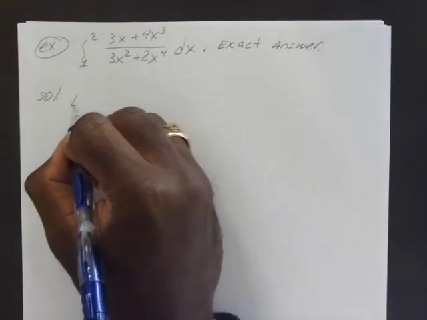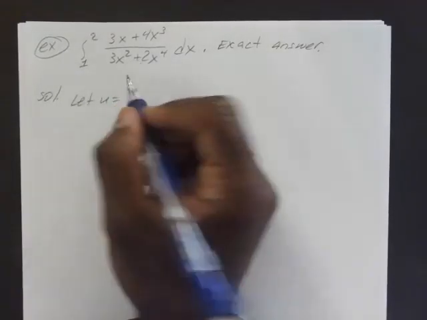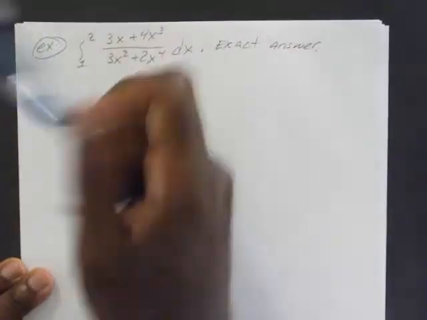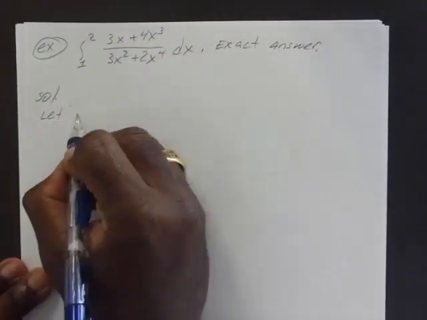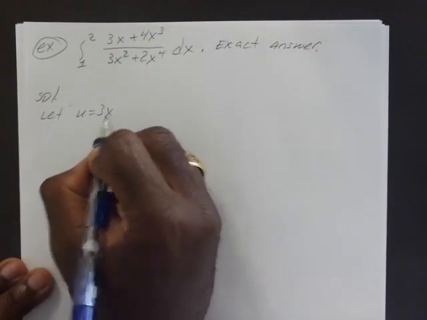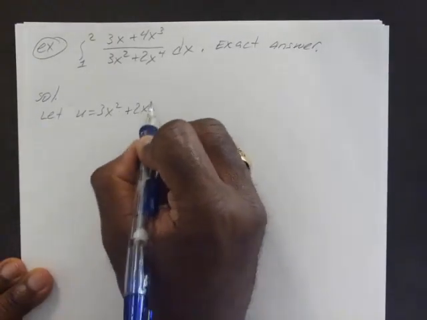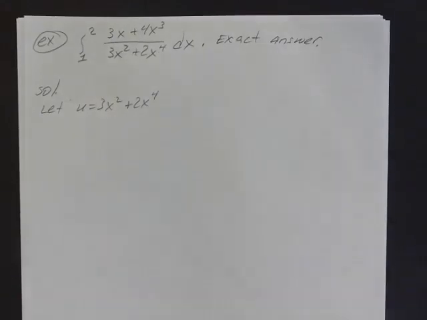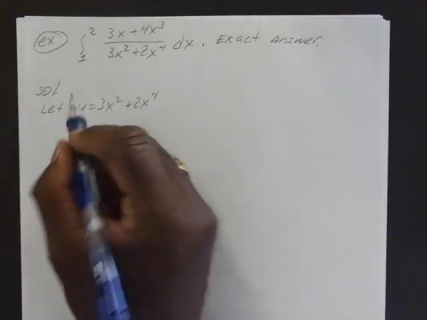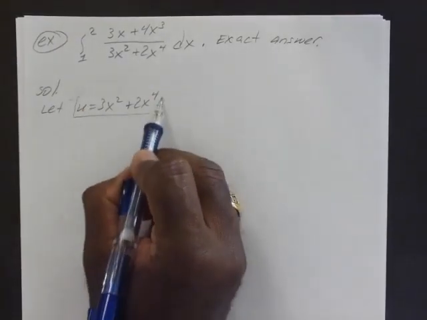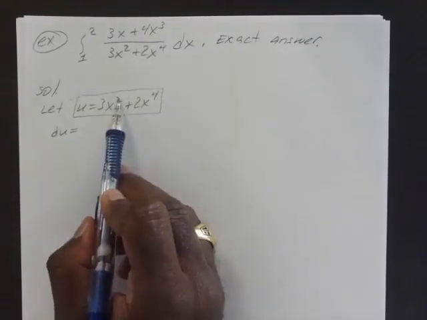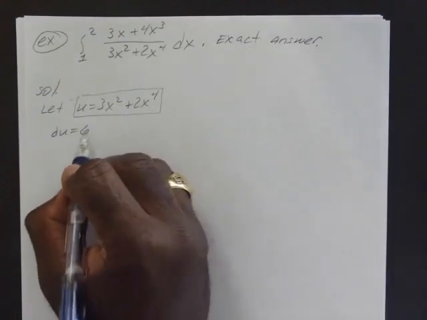So that's when we let u equal our denominator. So let u equal 3x squared plus 2x to the fourth power. Which means our derivative of u, highlight that because we know we're going to need it, is just equal to, we bring down the 2, 3 times 2 is 6.